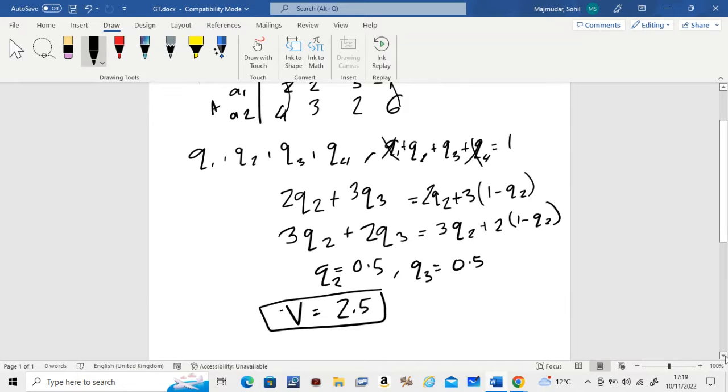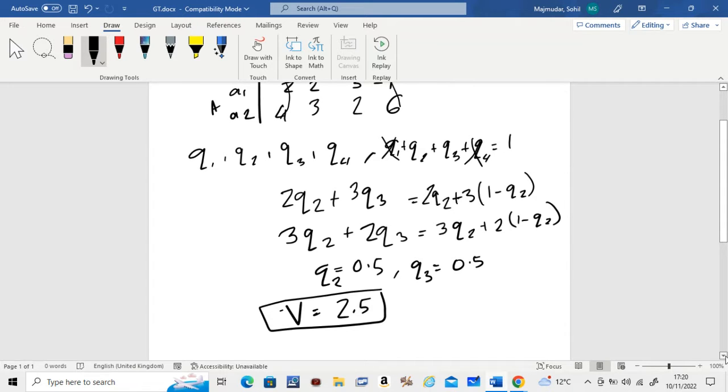Okay, so this is how we get the probabilities for player B as well. And it will always happen that two of the probabilities are 0. And you don't have to graph when you're solving for player B. Okay, and the value of the game will be the same in both cases.